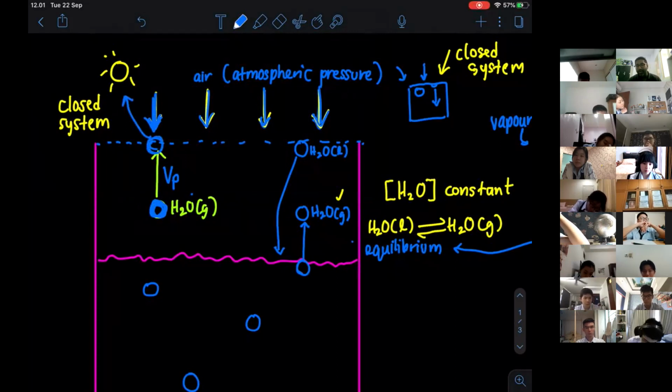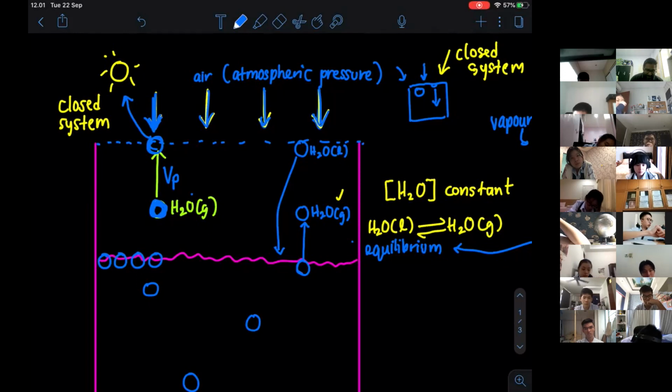But not all of the particles have enough energy to overcome the atmospheric pressure. That's the reason why evaporation happens only at the surface of the liquid, because only there will they have enough energy to escape. Maybe this one, the energy is not enough.